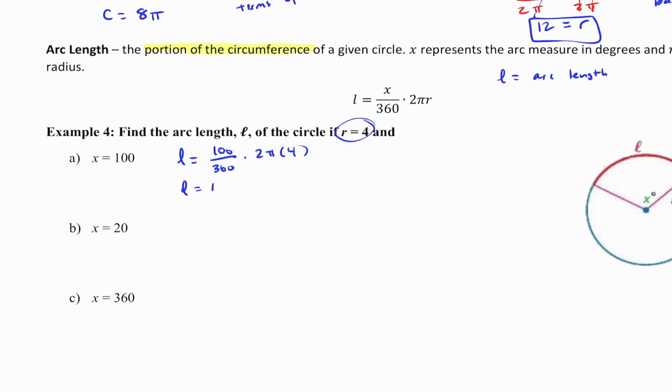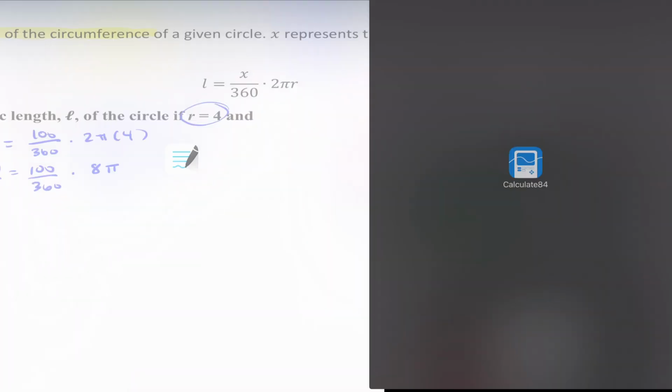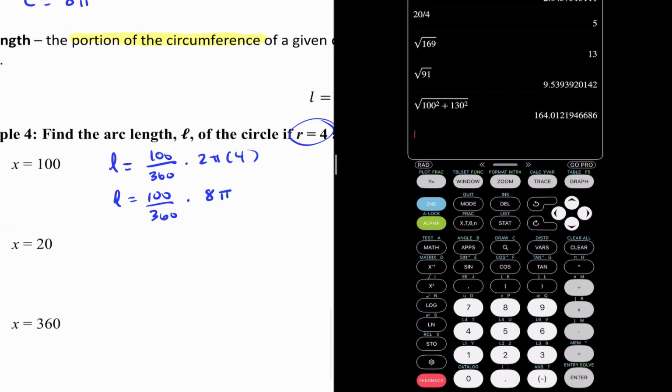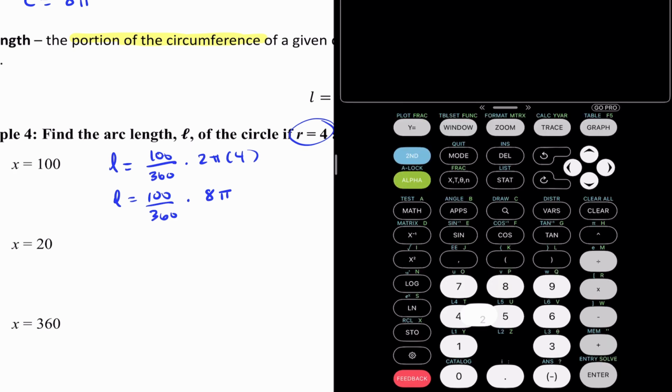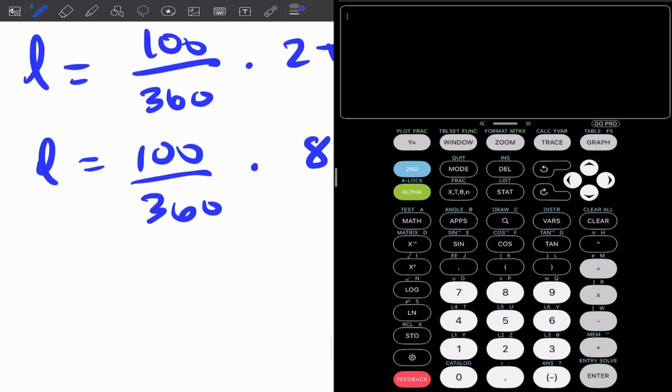So L equals 100 over 360 times 8 pi. So I'm going to use my calculator here to figure out what the arc length is. And I'm going to tell you what I'm doing because I want to leave my answer in a specific way.